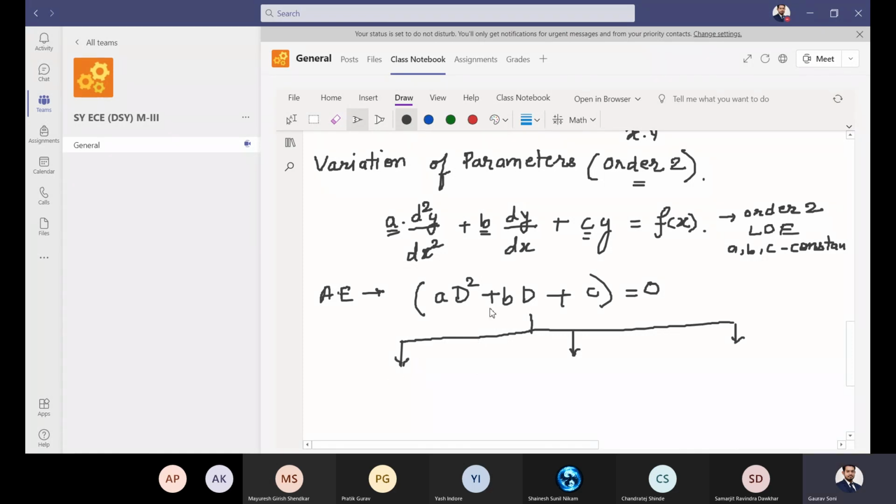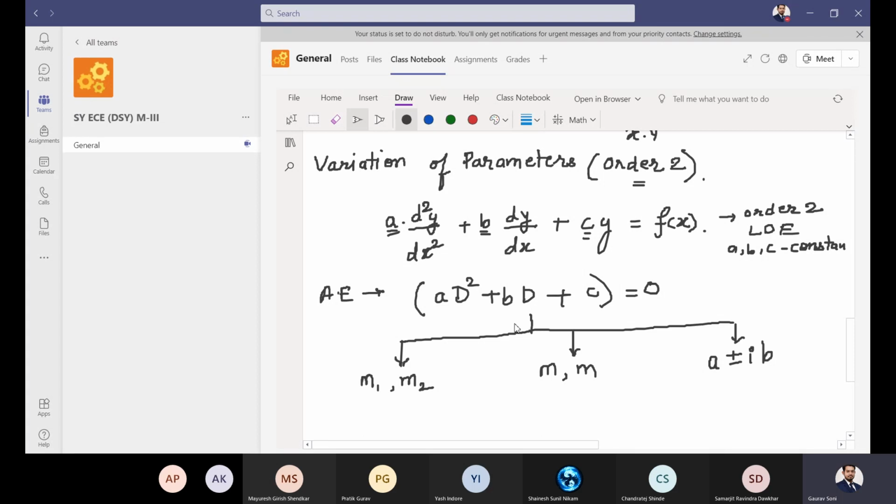What types can they be? Say if the roots are m1 and m2, or else there can be m comma m. And in the third case, I'll get complex roots a plus minus ib.